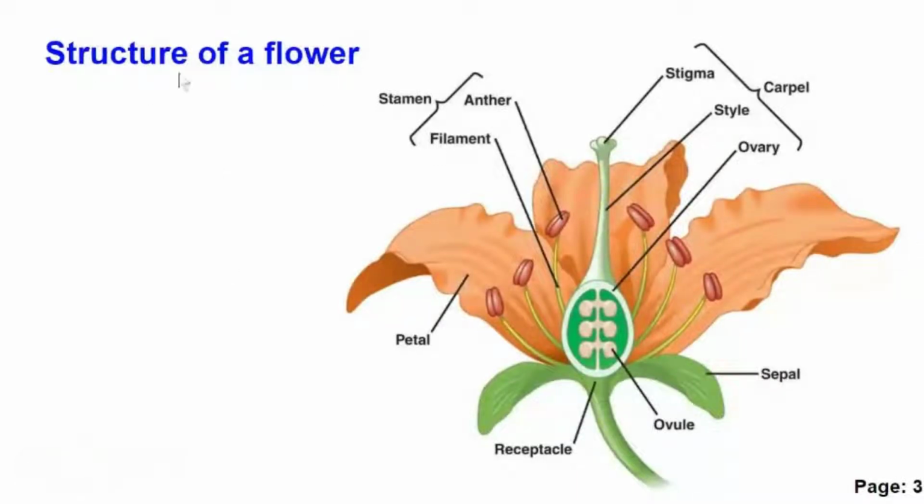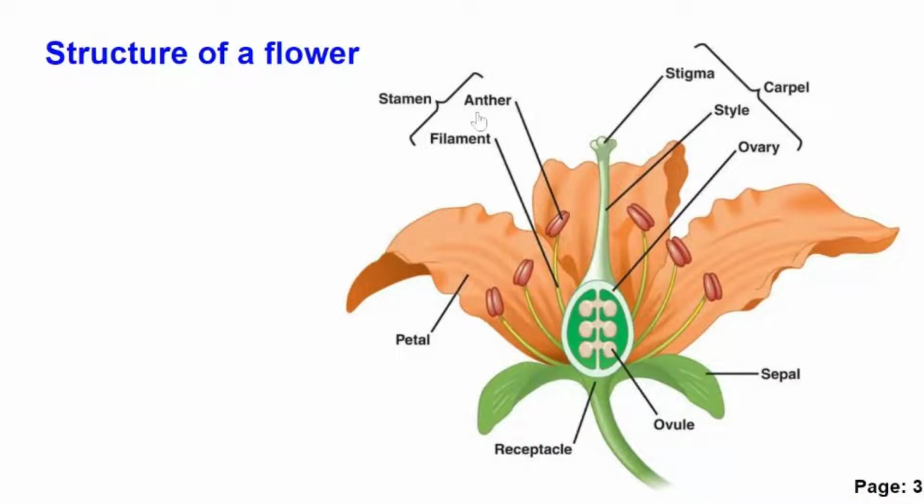You can see the name of the slide: structure of a flower. We have just seen the image of the flower and its parts in Khmer, but now you see another image with the names in English. Can you read this?